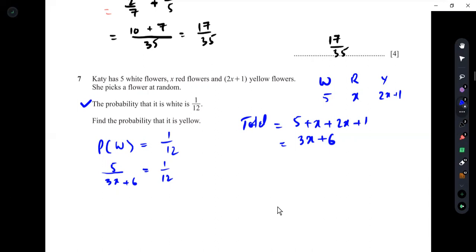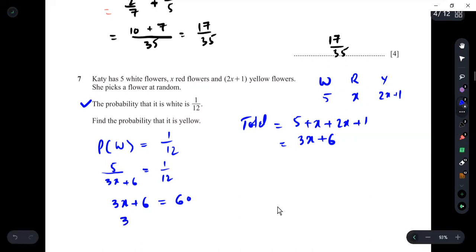Okay, so we have to solve this now. There is 1 fraction on each side, so we cross multiply the denominator with the numerator on the other side. 3x plus 6 multiplied by 1 remains 3x plus 6, and 12 times 5 is 60.